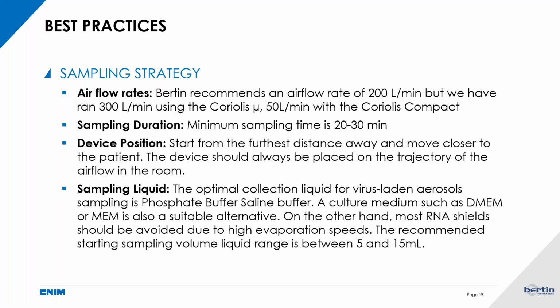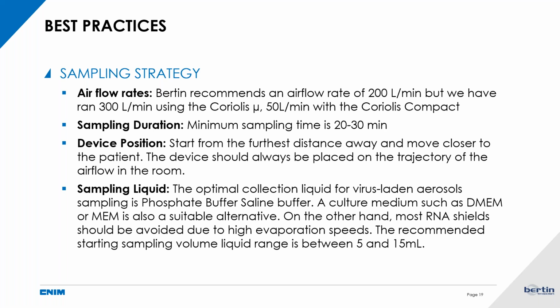When the Coriolis Micro is working, there is a natural evaporation of the liquid in the cone, so it's important to use this evaporation in your favor. As we know, the main technology that people are using to detect SARS-CoV-2 is PCR.